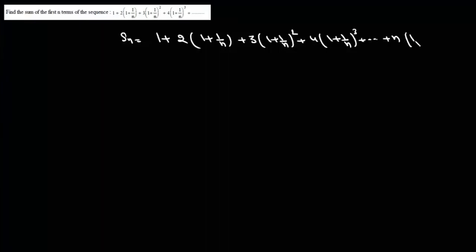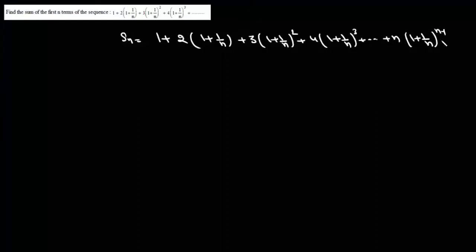Now the next question is, we need to find the sum of the first n terms of the sequence Sn, which is 1 plus 2 into 1 plus 1 by n plus 3 into 1 plus 1 by n whole square, 4 into 1 plus 1 by n whole cube, up to, and the nth term will be n into 1 plus 1 by n whole to the power n minus 1.